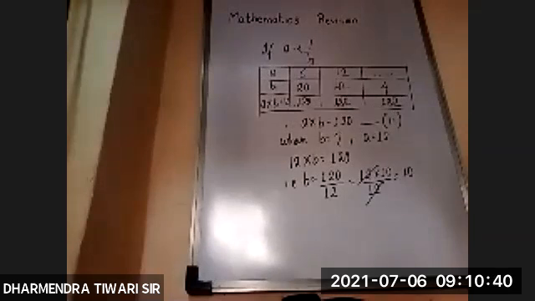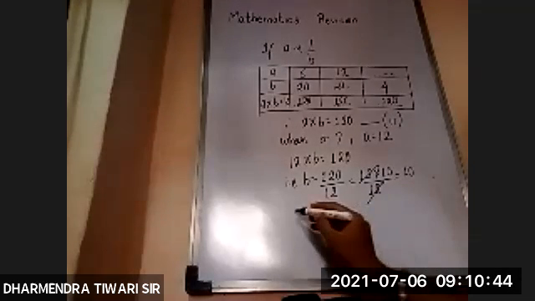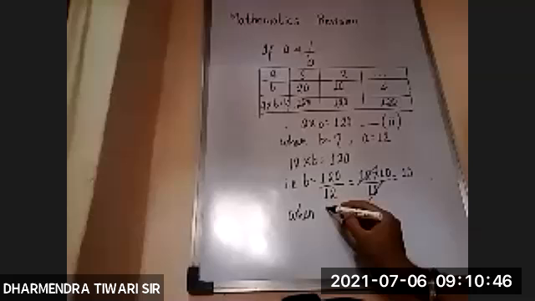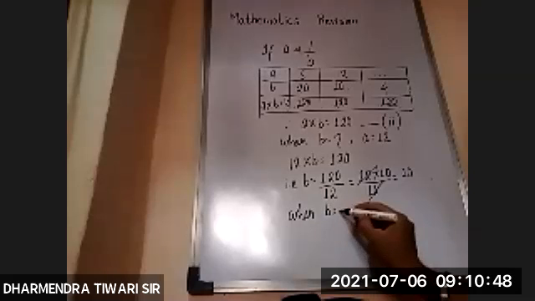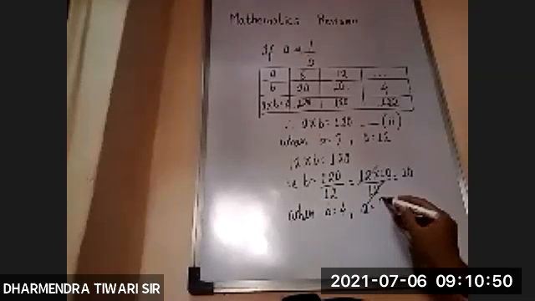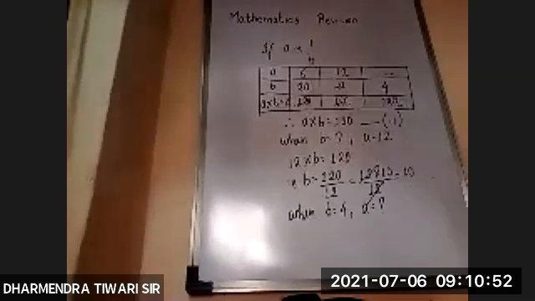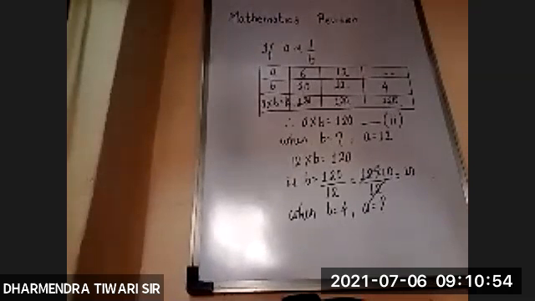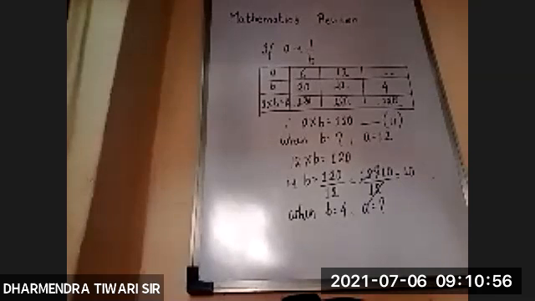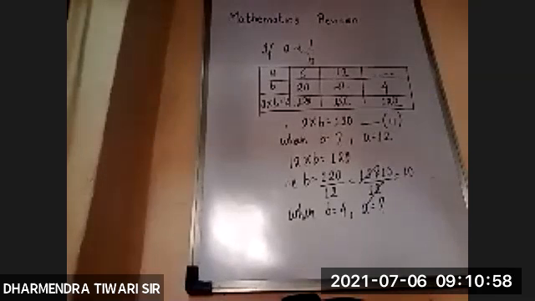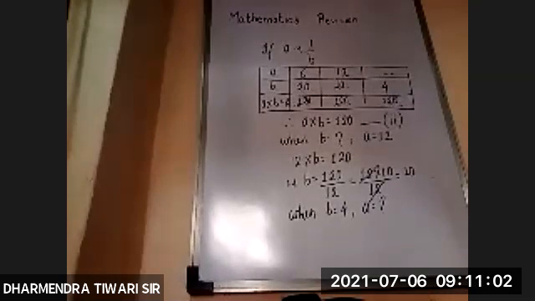Now we need to go for the next part. When B is given as 4, A we don't know. So from equation 2, we can use the equation in which K is already known, just substitute one value and get the value of the other unknown variable.